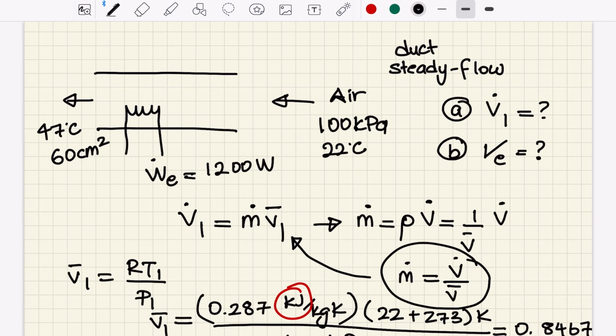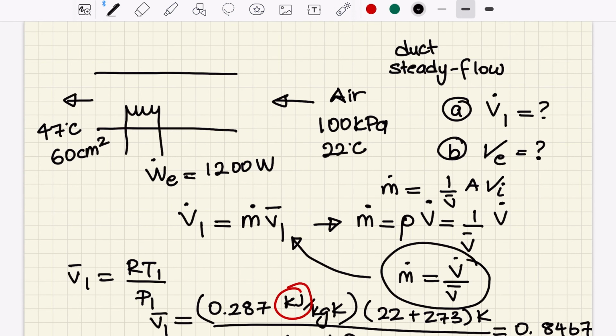There are some equations to find mass flow rate. Those are 1 over specific volume times area times velocity at the inlet. But unfortunately, we are not given area and velocity, and therefore we cannot use this equation. The only way is actually use the energy balance to calculate the mass flow rate.